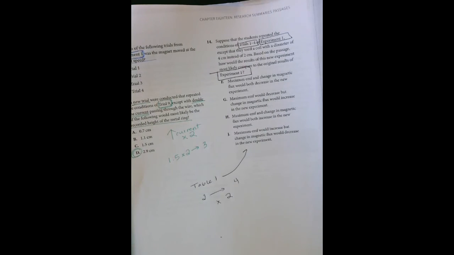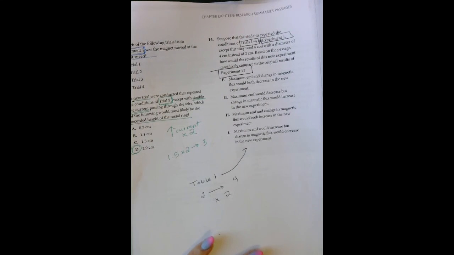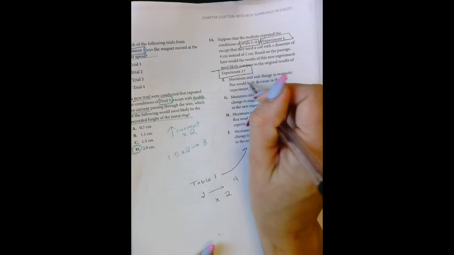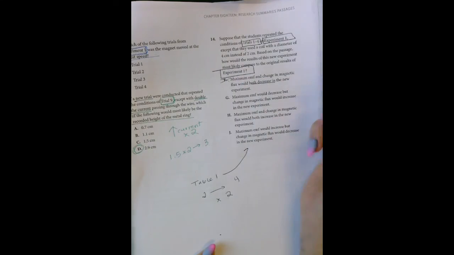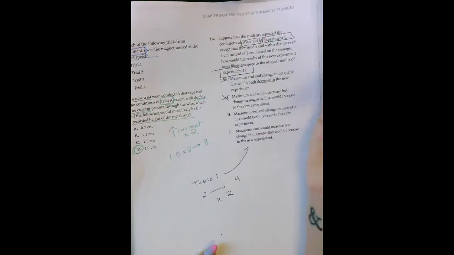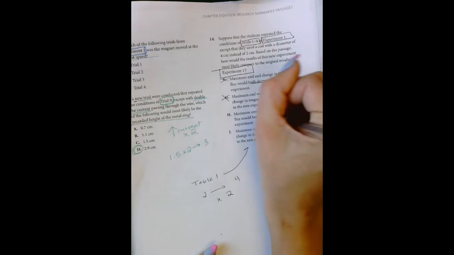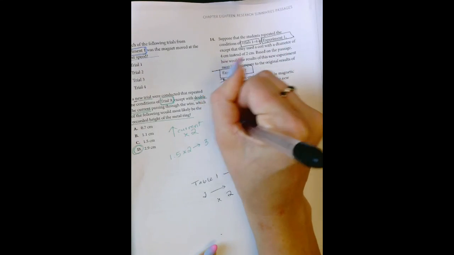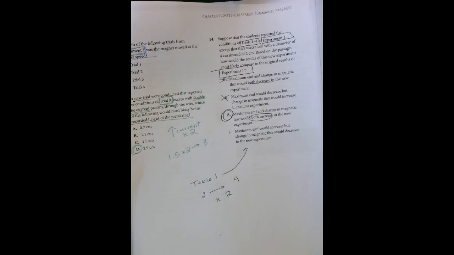So I think that they would both increase because you increased the whole setup by 2. Let's find something that says increase, increase. Both decrease, no, because we multiplied it by 2. Increase and then decrease just doesn't make sense. Increase, increase, both increase. Great, my answer for 14 is H. And that's that.